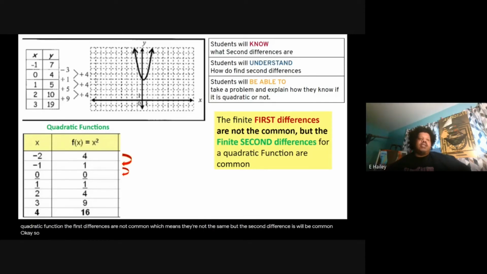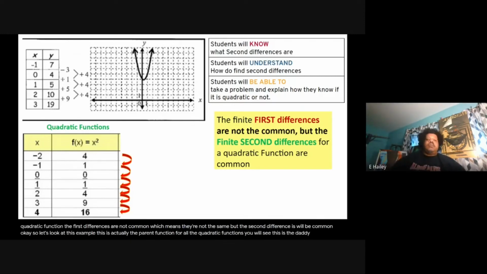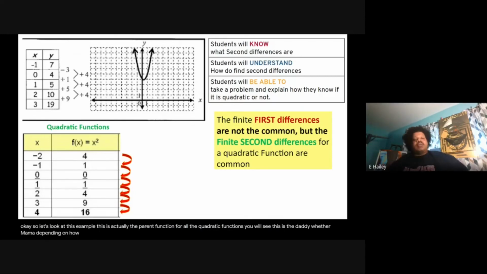Okay, so let's look at this example. This is actually the parent function for all the quadratic functions you will see. This is the daddy or the mama, depending on how you want to look at it. And all quadratic functions come from this f of x is equal to x squared.